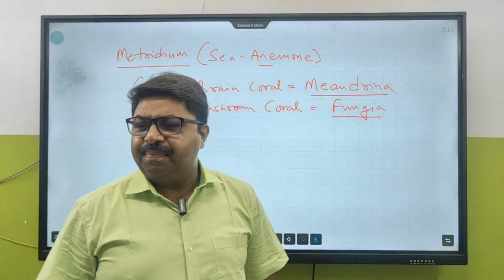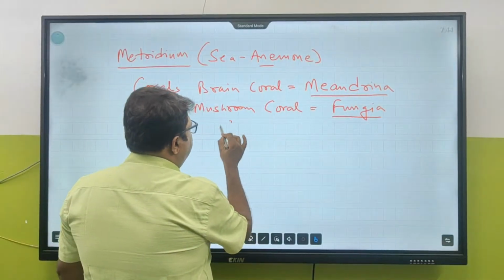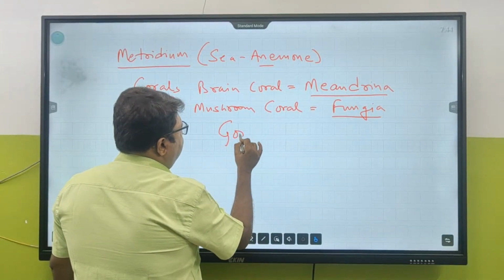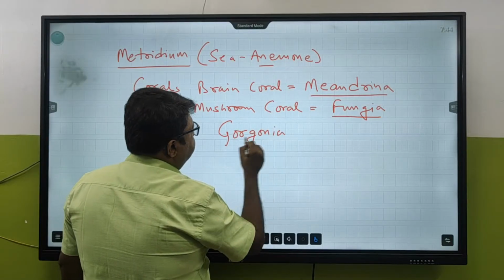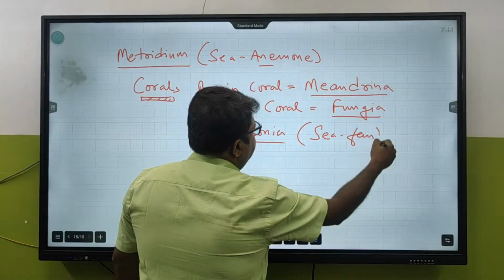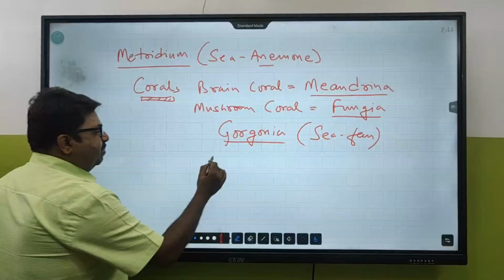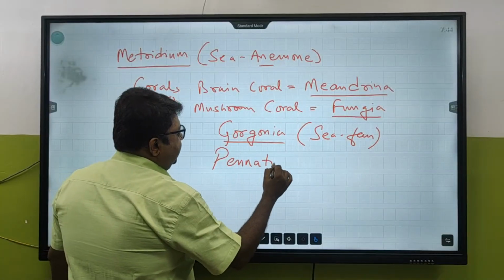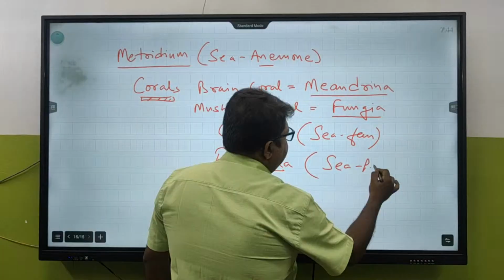Next, some of the examples being given are sea fan, Gorgonia, also called sea fan. There is an example called Pennatula, sea pen.